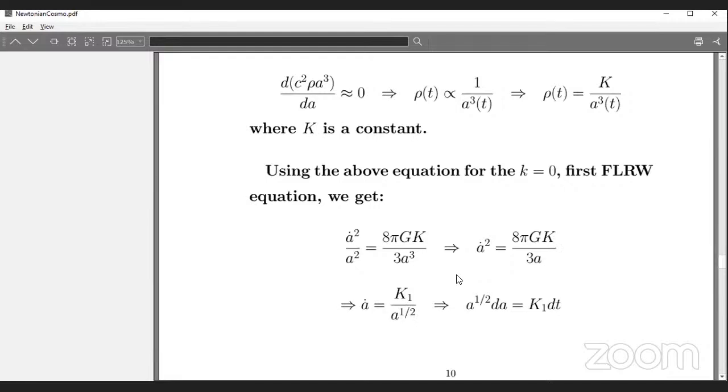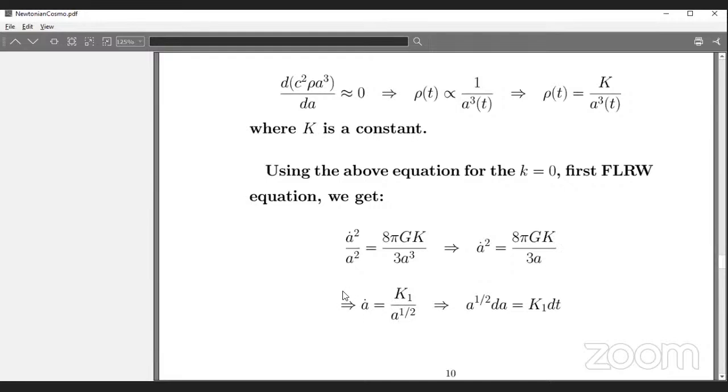But our universe from observations happens to be positive because emission lines are shifted towards the red end and therefore the universe is expanding and a dot is positive. I take the positive square root and a dot therefore becomes k1 by square root of a.